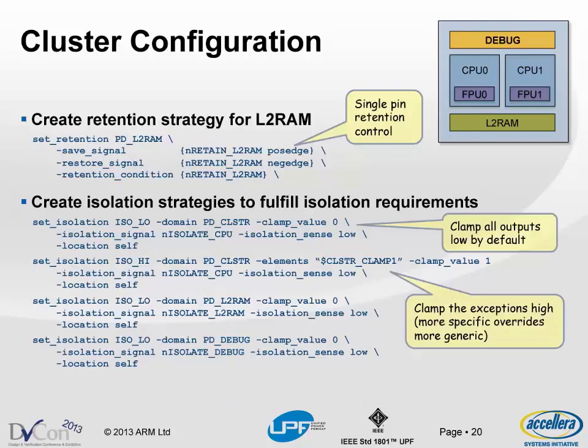So create a retention strategy for the L2 RAM and create the appropriate isolation strategies here for the various isolation requirements on the power domains. Again, clamping most of the outputs low and the exceptions high. Now, at the cluster level, much like we did at CPU level, we're going to need to update the supply state with supply expressions and update the domain state with logic expressions.